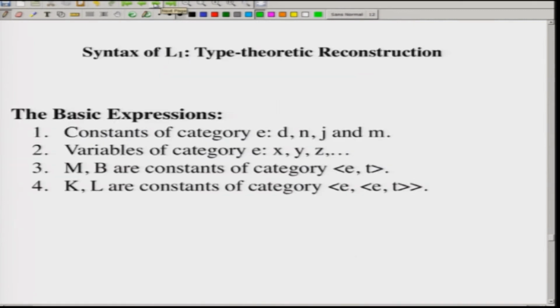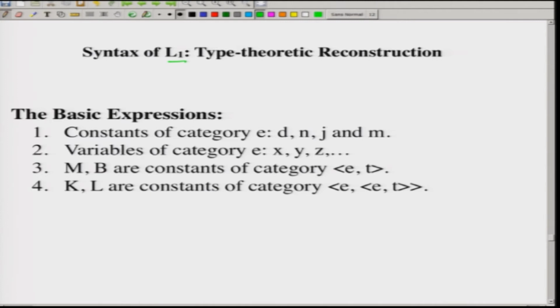Now, the first step towards a theory of type is to revisit what we have already done from the perspective of this type theory. We are rewriting the entire grammar of L1, which is the simple predicate semantic language.